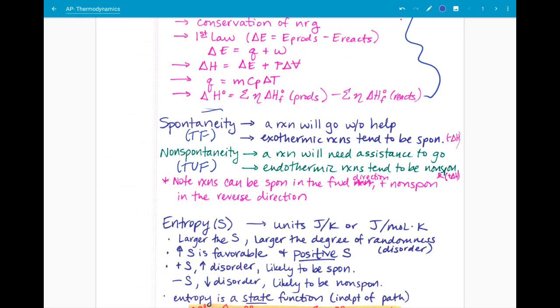That is a prediction. For non-spontaneous, a reaction will need assistance to happen. Endothermic reactions tend to be non-spontaneous, or thermodynamically unfavorable. Notice I put this note that reactions can be spontaneous in the forward direction and non-spontaneous in the reverse direction, so pay attention to which direction you are asked about.